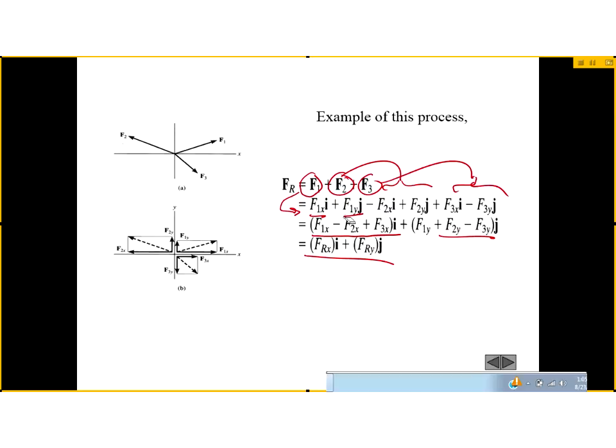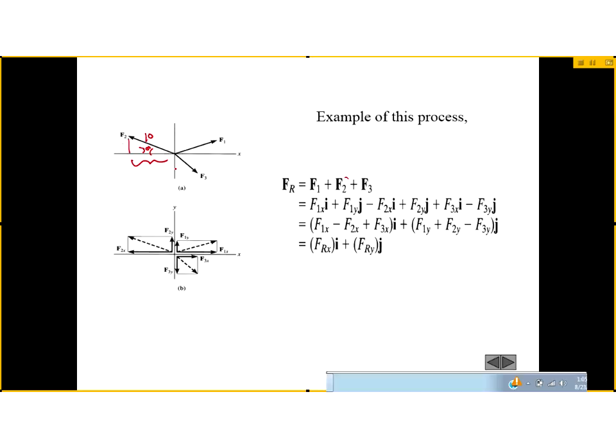You notice something interesting. Why is there a minus sign in front of f2x? As you're doing this, you might be given an angle and a magnitude, and you know the base there is going to be 10 times the cosine of 30. Hopefully you're good with that. Then you know it has to be negative because it's pointing in the negative x direction, so you have to stick a minus sign in front.